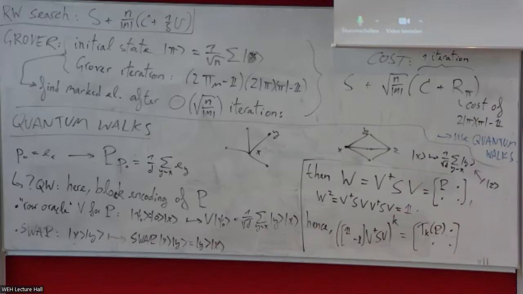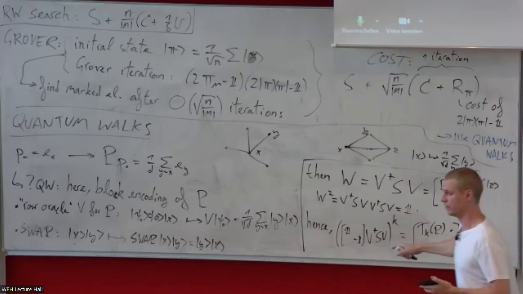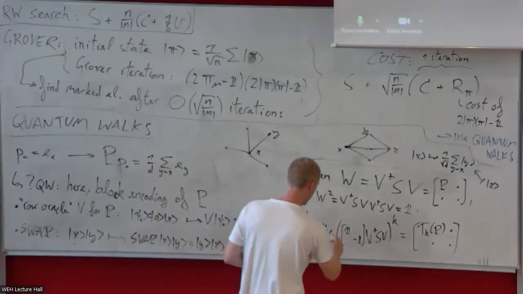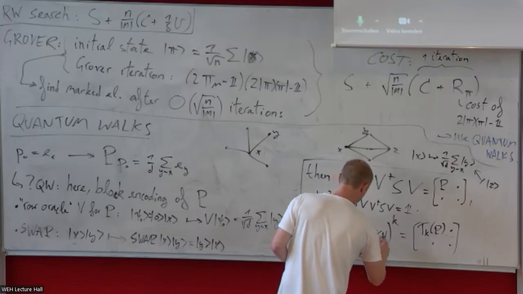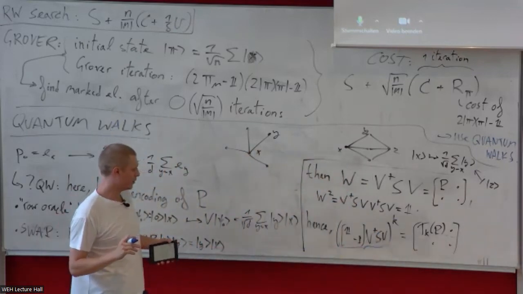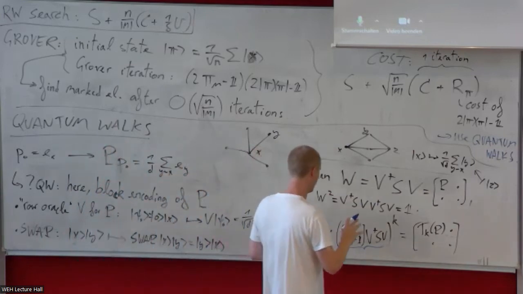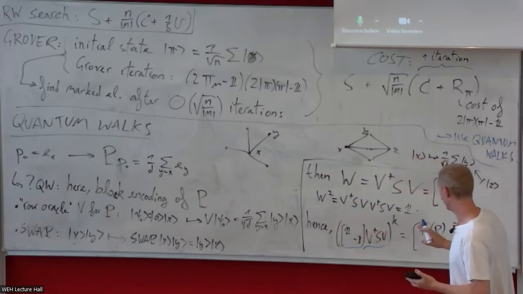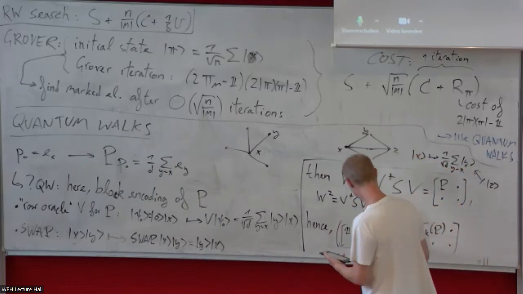And this thing here is exactly the way quantum walks were canonically defined by Mario Szegedy in '04. So we have this block encoding perspective, but this wasn't around at that time, right? It's just a way of constructing this quantum walk operator.